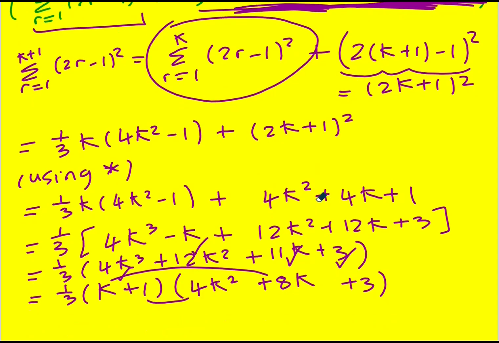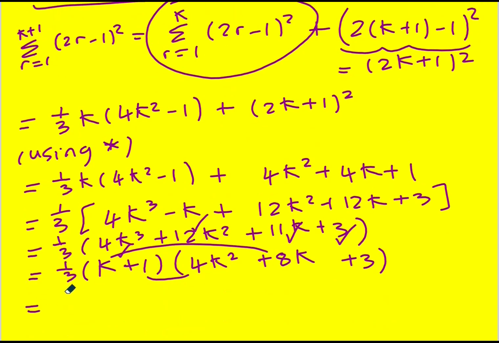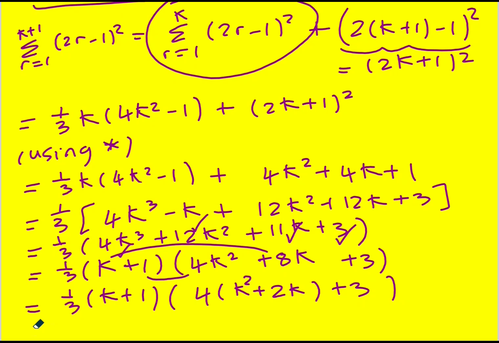So I'm just going to complete the square on it now. In fact, I think we should show our working. So it will be 4, then (k squared plus 2k). We complete the square, that's what we do.